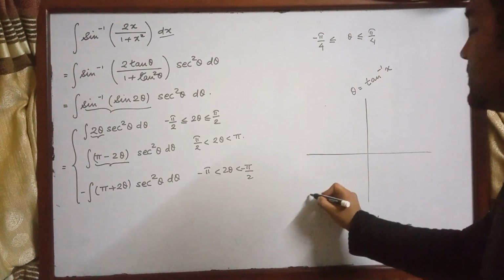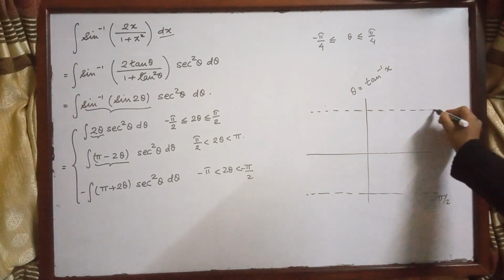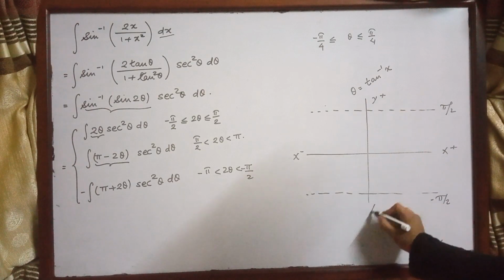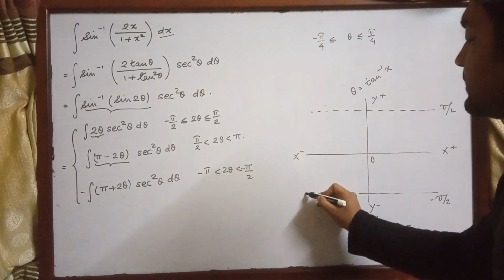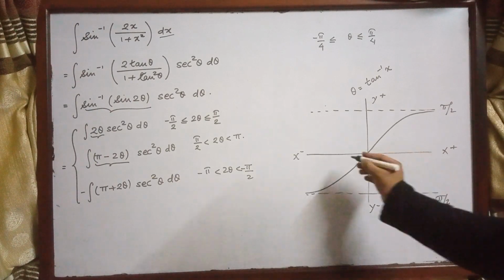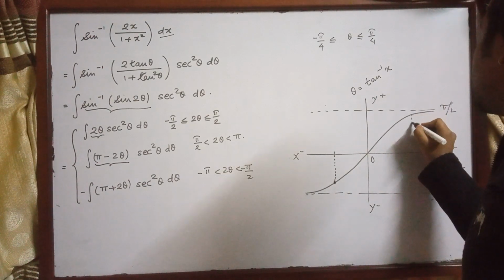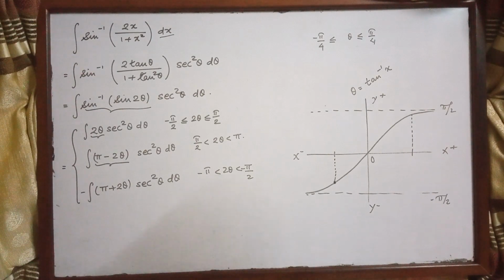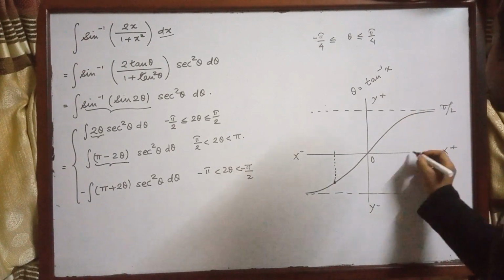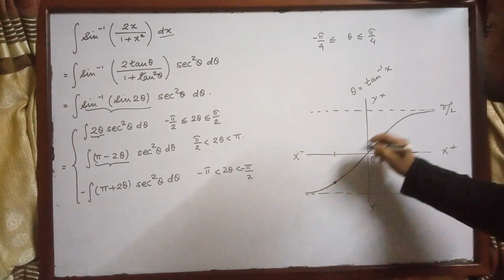Tan inverse of x means here's minus pi by 2, here's pi by 2, positive x, negative x, positive y, negative y, increasing, and asymptote. We need the values of x over here.